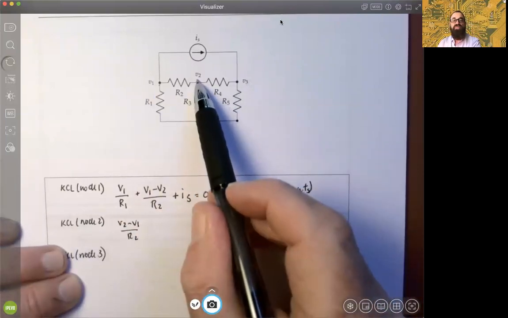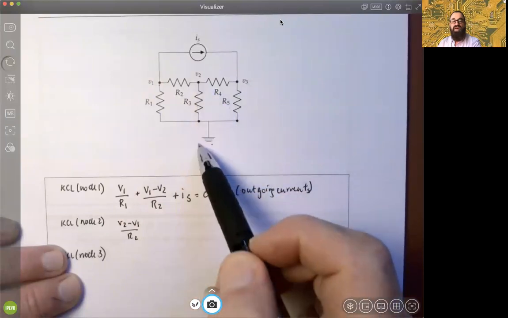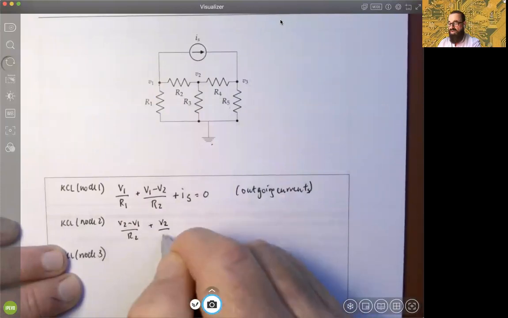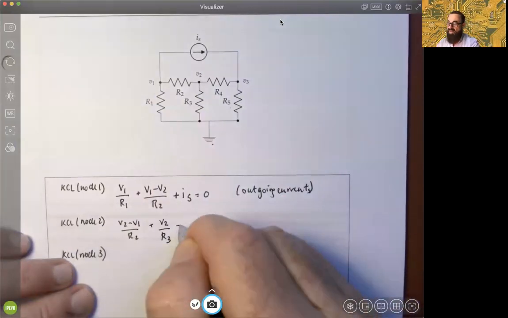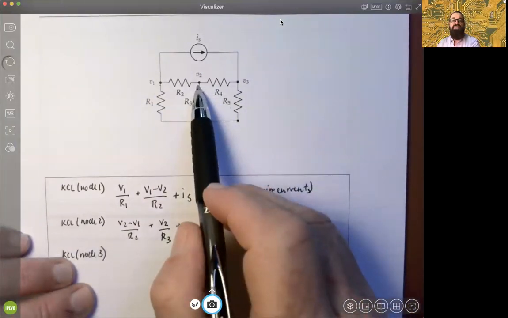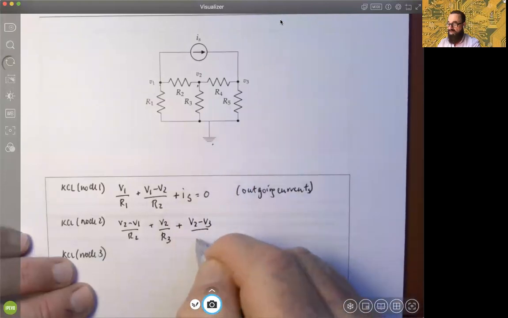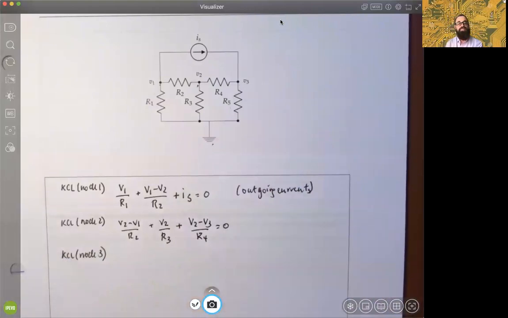Then you can go from node 2 to the ground. So that'll be V2 minus 0 or just V2 over R3 because you go through that resistance. And then finally, you're going from V2 to V3 through R4. So V2 minus V3 over R4, and that sums to 0, okay?